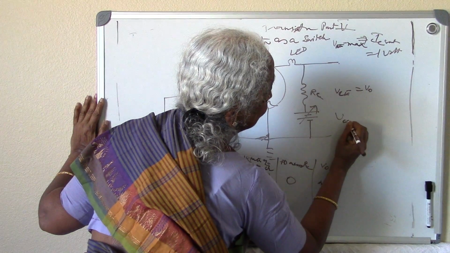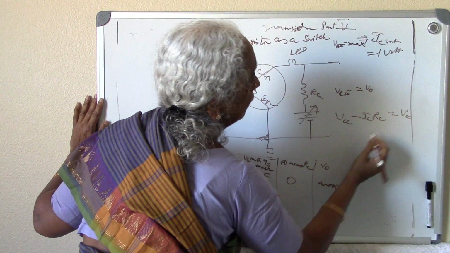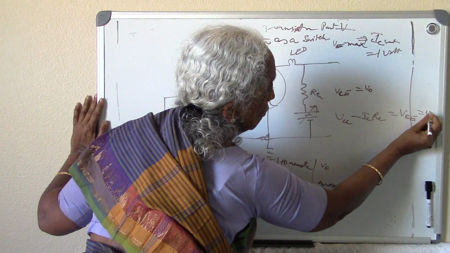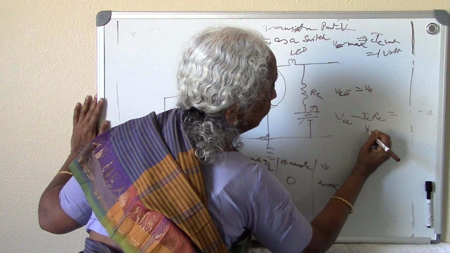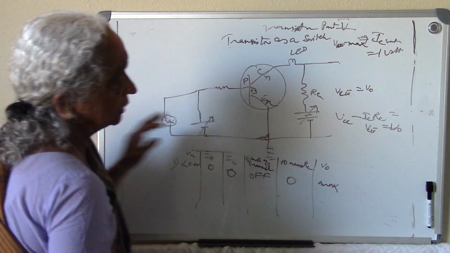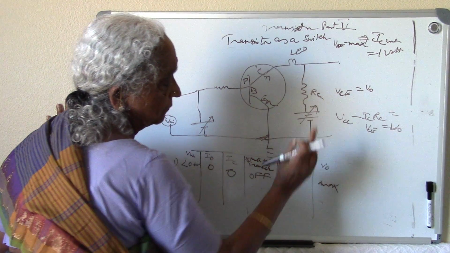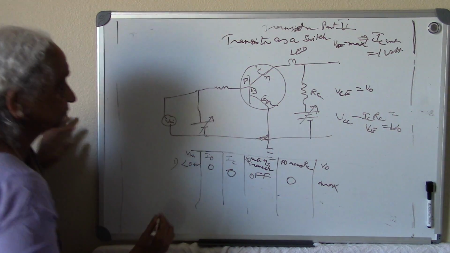because VCC minus ICRC equal to VO, VCE equal to VO. So when IC is equal to 0, ICRC equal to 0, the entire VO will become maximum, VCC.